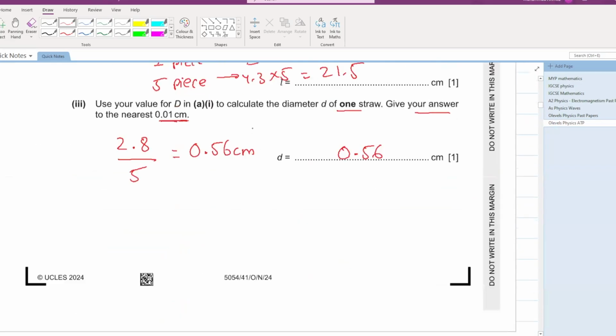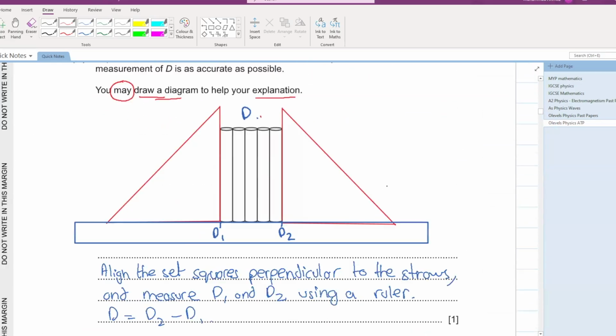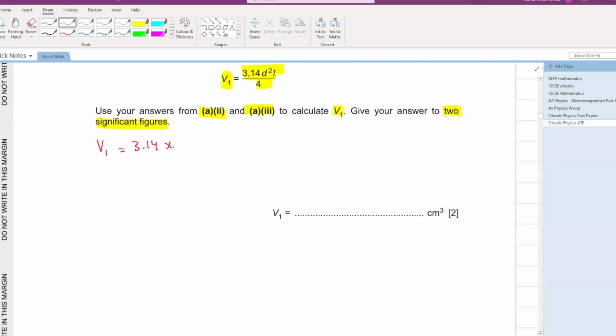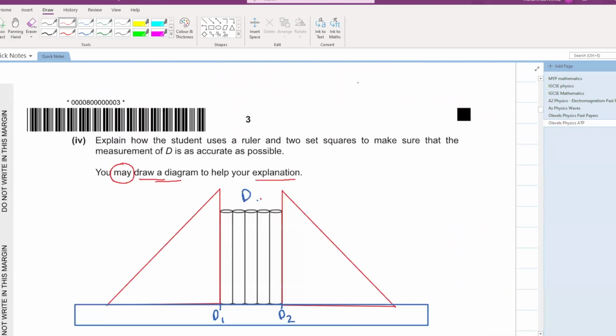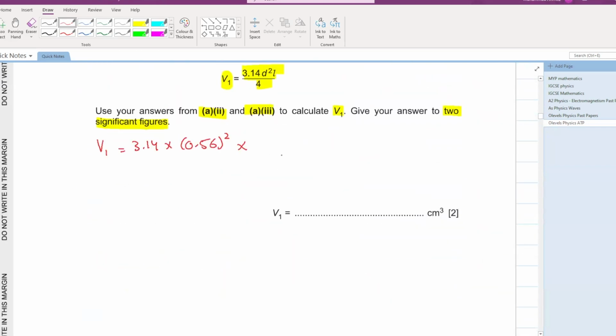What was the value of D? 0.56. 0.56 square. Perfect. Multiplied by the length L. What was the length L? Length L was 21.5. Perfect. 21.5 divided by 4.